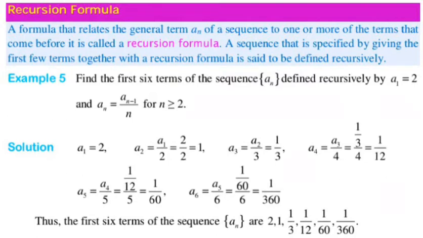Given a1 equals 2, a2 equals a1 over 2, which is 2 over 2, equals 1. a3 equals a2 over 3, a4 equals a3 over 4, and so on. Therefore, the first 6 terms of the sequence an are 2, 1, 1 over 3, 1 over 2, and so on.